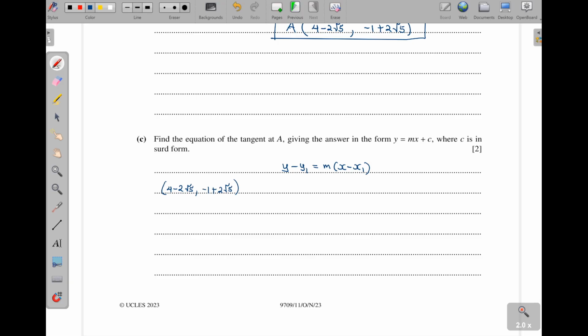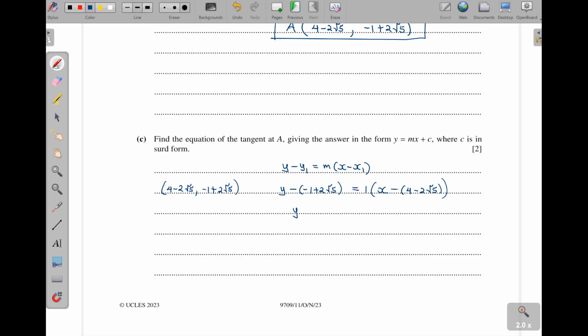Remember, if a point lies on the given curve, then its coordinates must satisfy the equation of the curve, okay? So the y-coordinate, we have y here, then minus y1 is going to be this negative 1, then plus 2 root of 5, and then we go this side, m, the gradient is 1, then x minus x1 is this one here, which is 4, then minus 2 root of 5, like that.